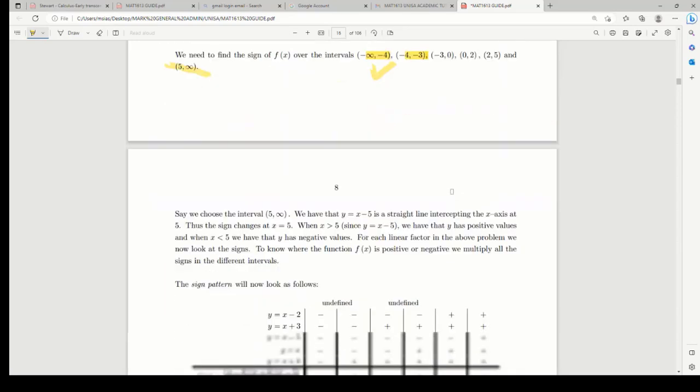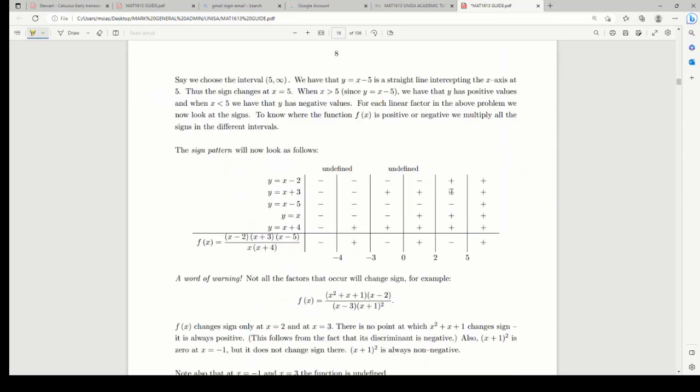As you guys can see also here, here's that negative. In that open interval -infinity to -4, x - 2 is negative, okay? If you look at x + 3 now, it's also negative, because if you take a point less than -4, like -5, -5 plus 3 is -2.